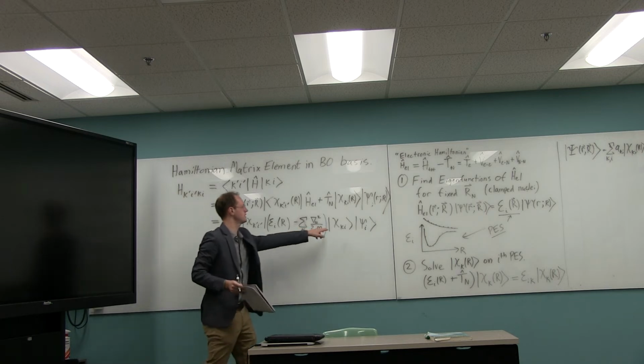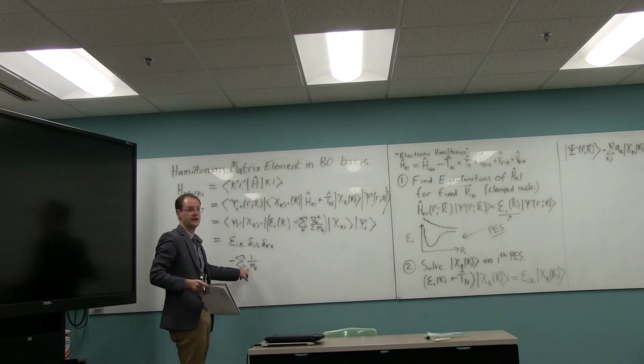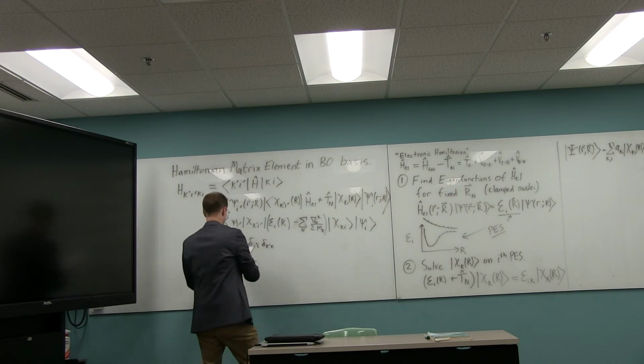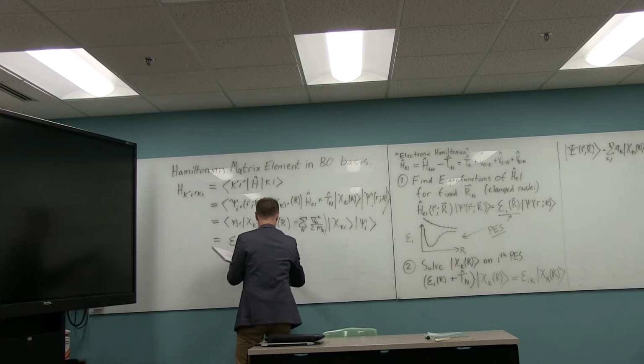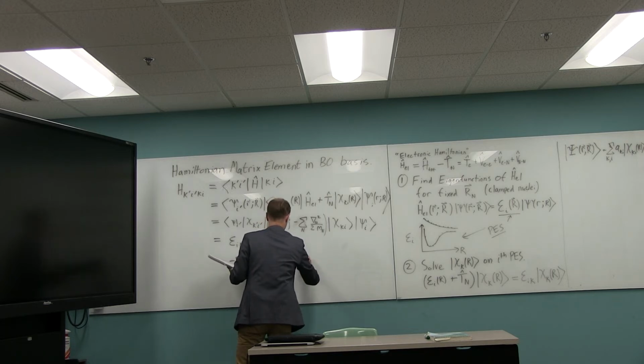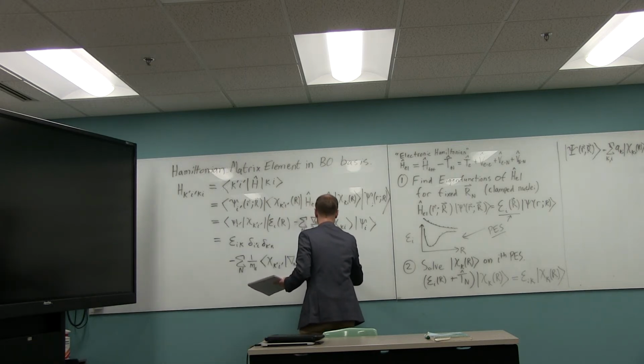We actually get 2 of these mixed derivative terms, so that gets rid of a factor of 2 in the denominator. And then we're going to get 2 matrix elements, one for the nuclear part of the wave function, and one for the electronic part.